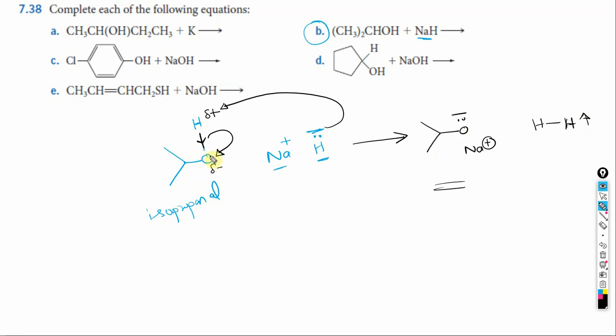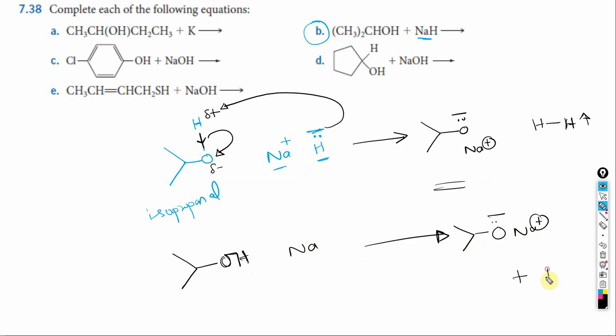The only difference between this and, let's say, reacting the same alcohol with sodium metal instead of sodium hydride is that you're going to get the same products, except you're not going to release one full molecule of hydrogen. You're only going to release half a molecule of hydrogen gas.